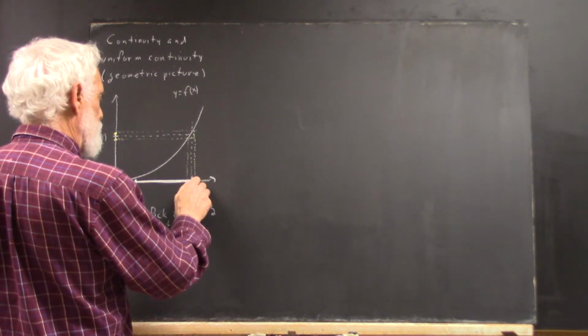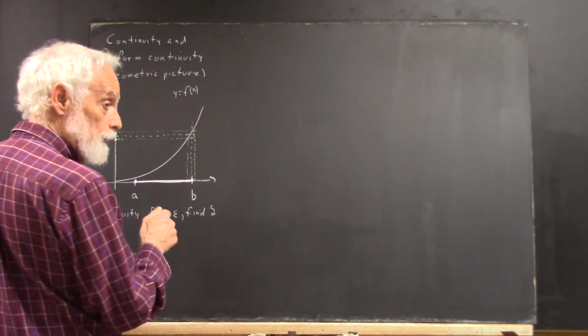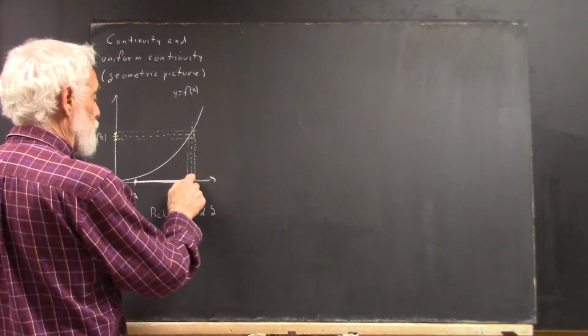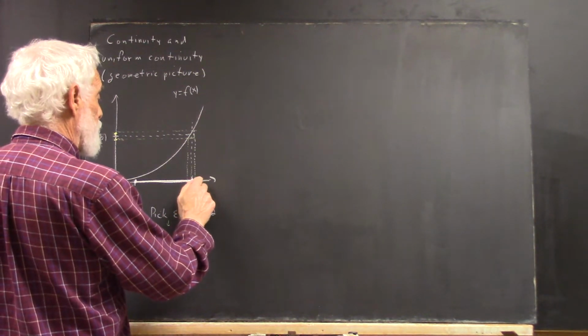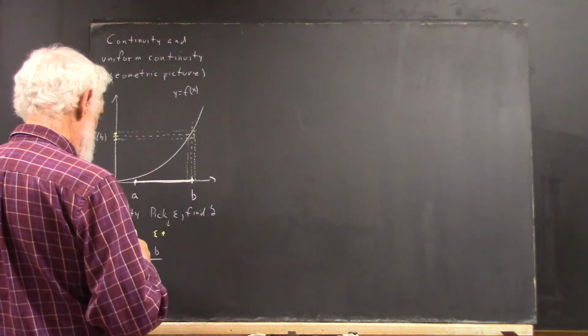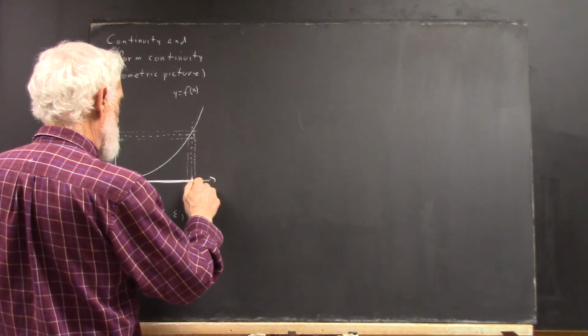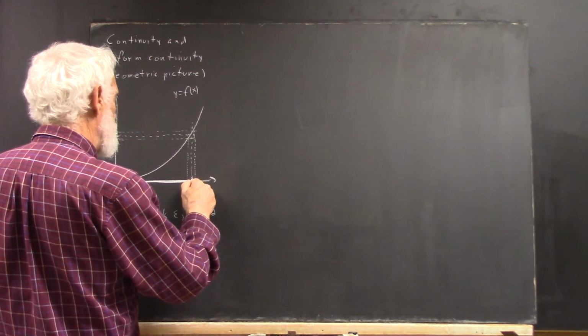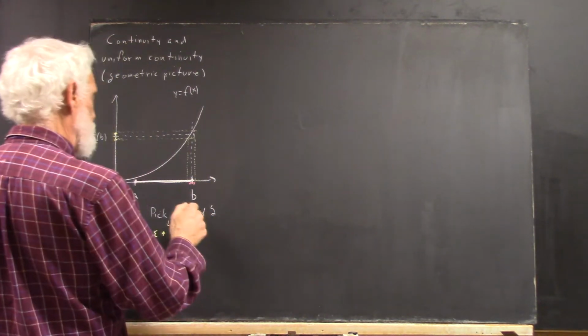I'm just going to pick my delta to be small enough that anything within delta of b is within this interval here. So I'm going to let my delta, I hope I've got a fairly sharp point on this chalk. Okay, there's my delta.